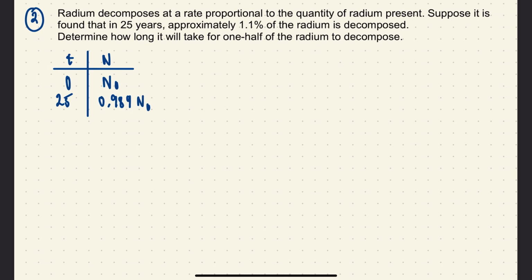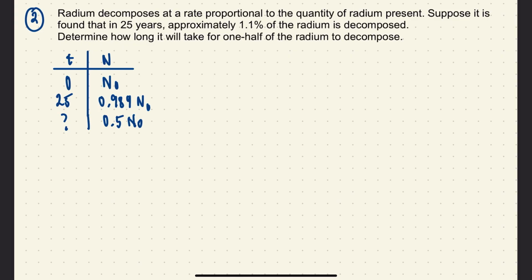You are being asked for the time where your radium has decomposed half of it. So again, our goal is to search for your proportionality constant k and then use that in solving for the time that it has decomposed half of its content.